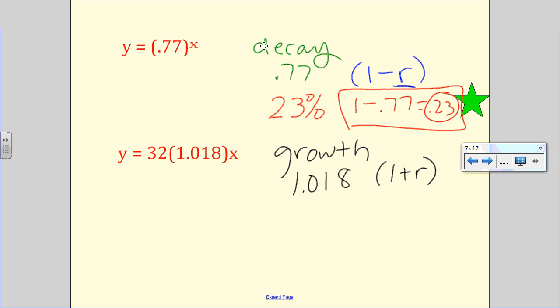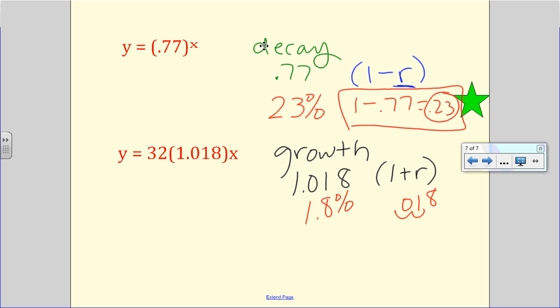I don't need the percent, just the R value. Good job. Just what's right after the decimal point, right, guys, for those growth ones? And then how am I going to turn this into a percent? Move the decimal point 2 places. 1.8%.